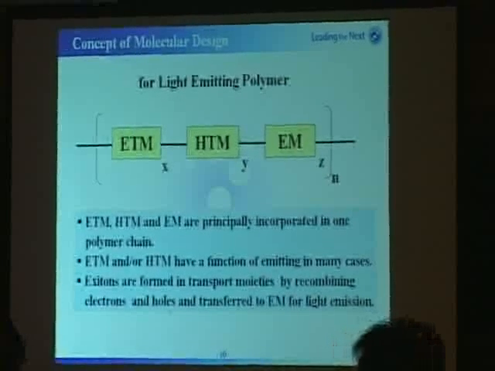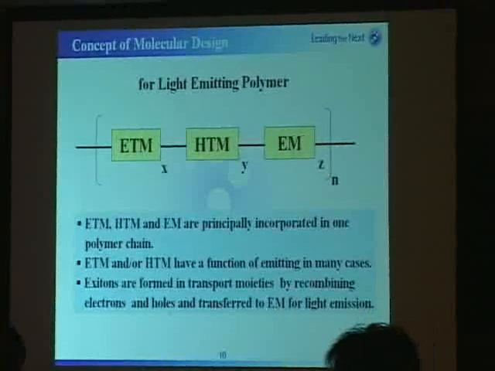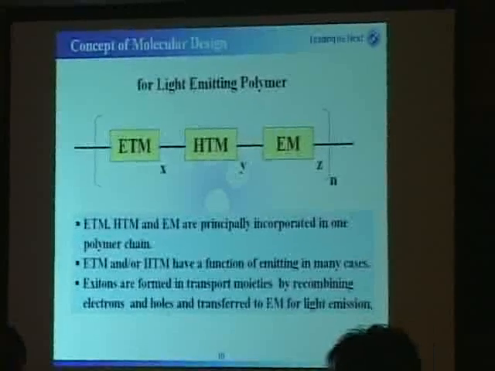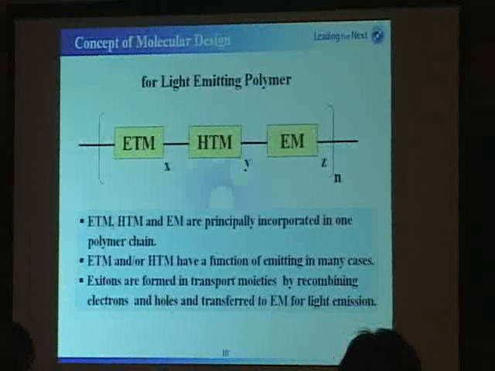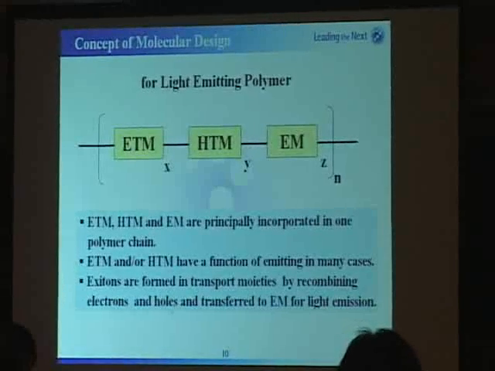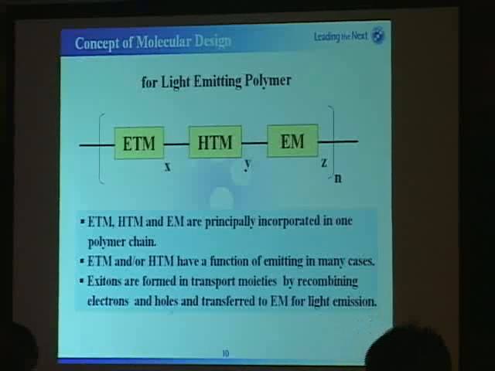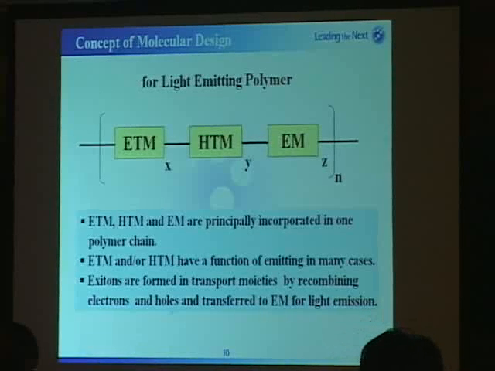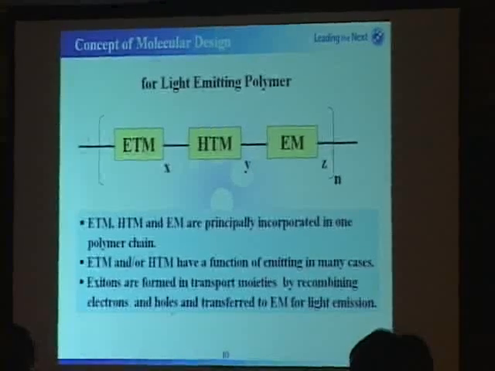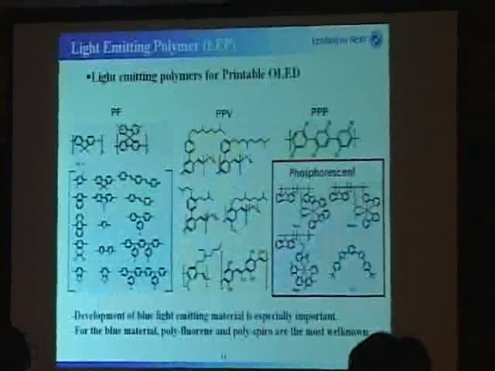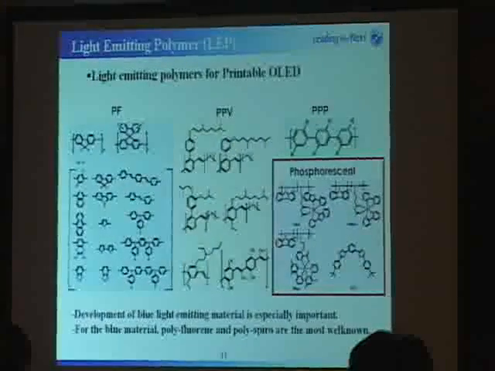And in many cases, electron transport and hole transport moieties have the function of emitting. Excitons are formed in transport moieties by recombining electrons and holes and transferred to the emitting moiety for light emission.